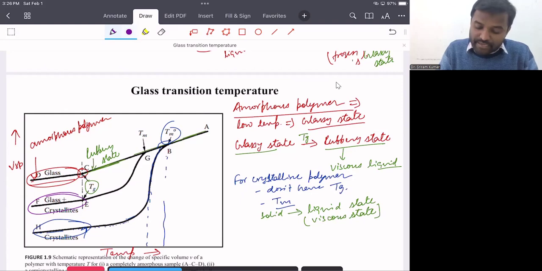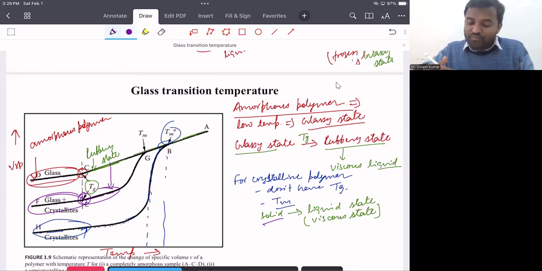At the same time, it has some solid state character, and it has the Tg value, the glass transition temperature, because of the glassy state of the material. If you further increase the temperature, this has a contribution maybe from the rubbery state. So this is the rubbery state.